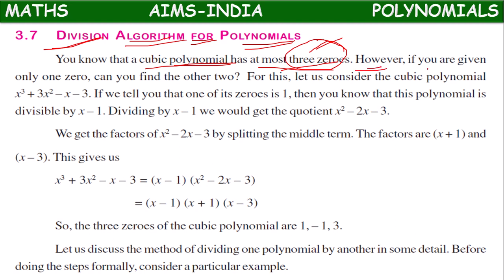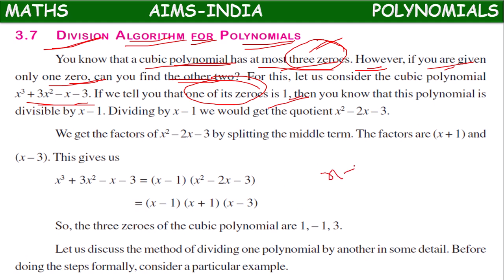However, if you are given only 1 zero, can you find the other two? Yes, we can. Suppose this is the cubic polynomial, and one of its zeros is 1.